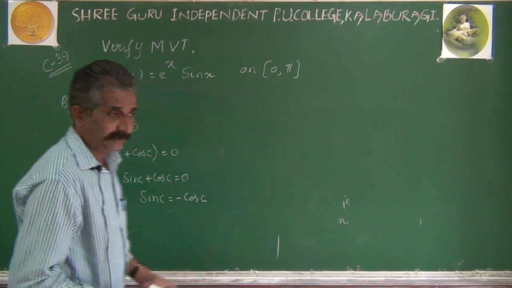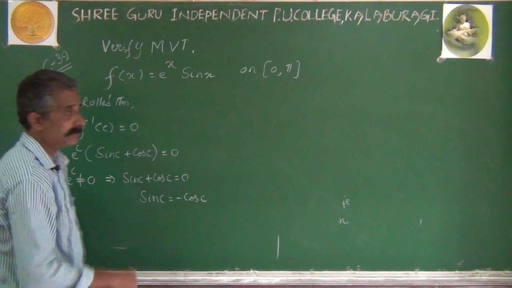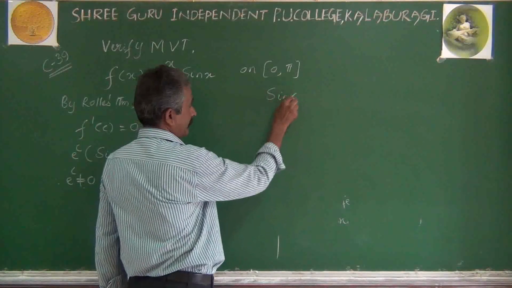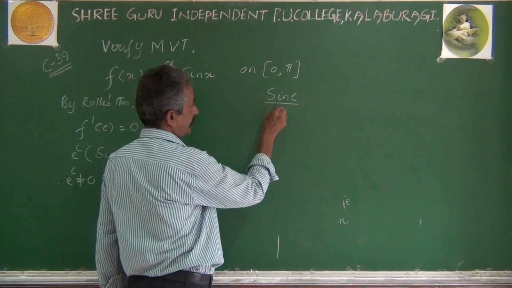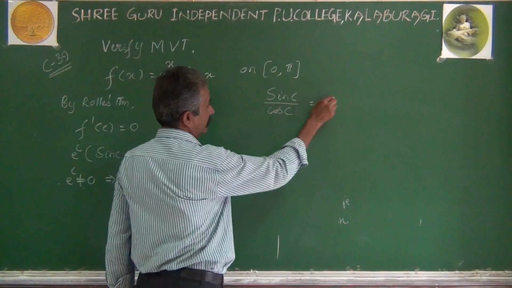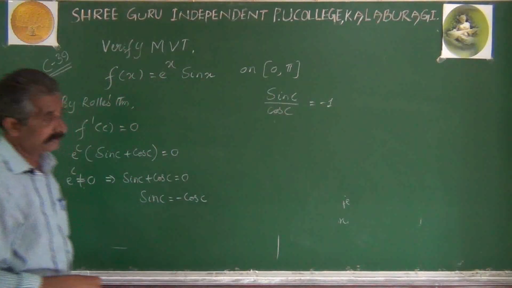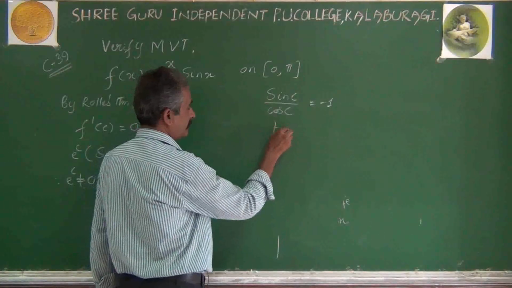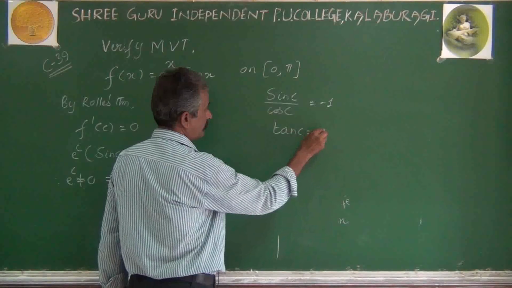Further, it can be written as sin c divided by cos c equal to minus 1, which gives another equation, sin c by cos c equal to minus 1. Further, sin c divided by cos c is well known as tan c, equal to minus 1.